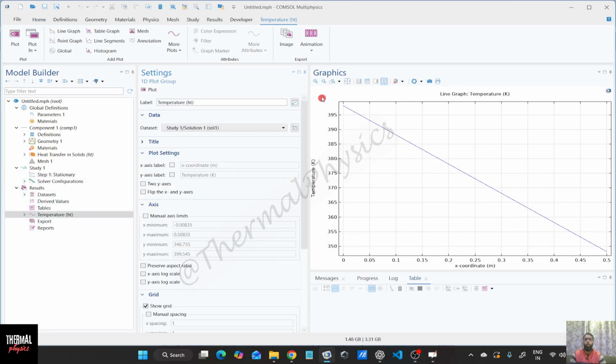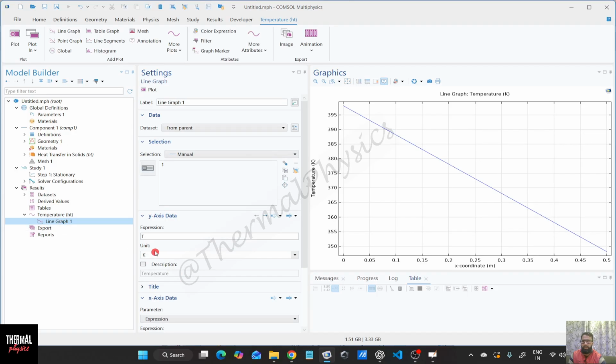Now in 1D geometry, we'll always get a solution in graphical form showing temperature varying along the thickness. So this is the same exact line that we got, a straight line sloping downwards because temperature decreases from one end to another end. The left end has high temperature. This is because the left end is applied with the heat flux, and the right end loses this heat by convection.